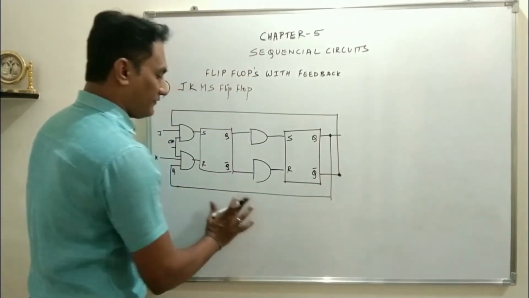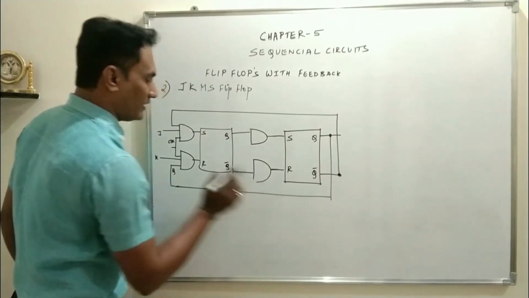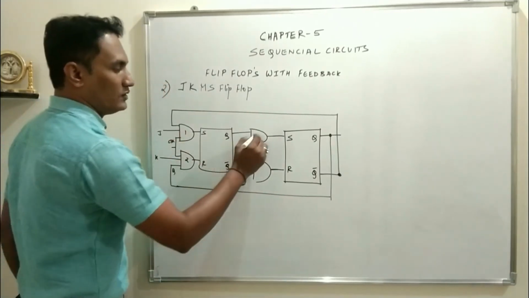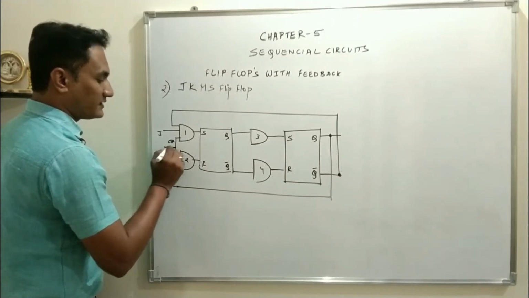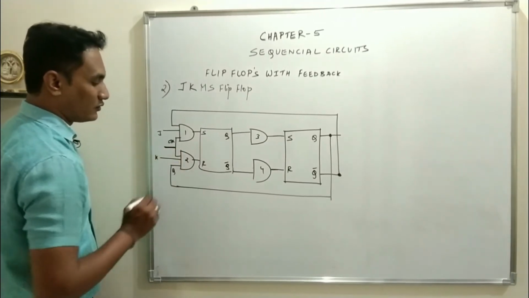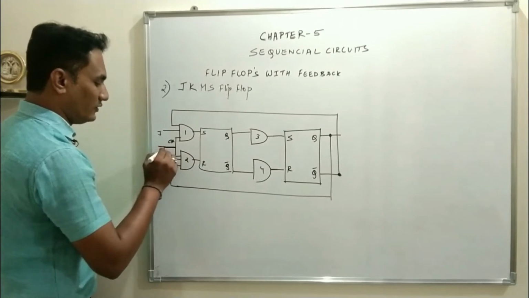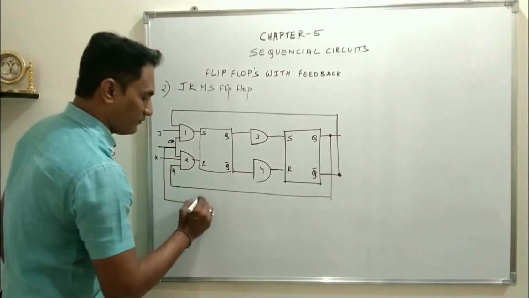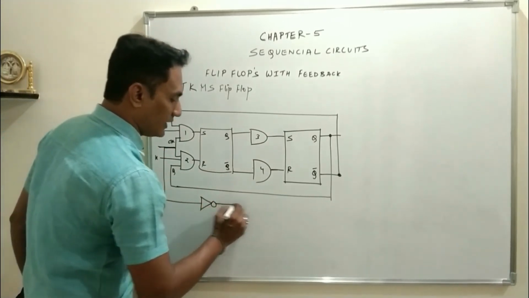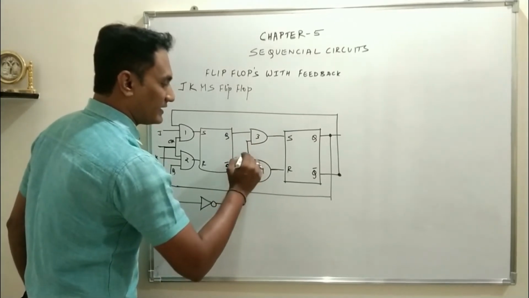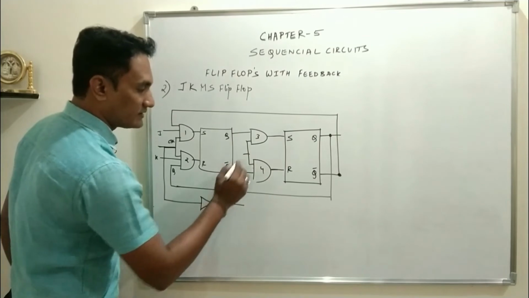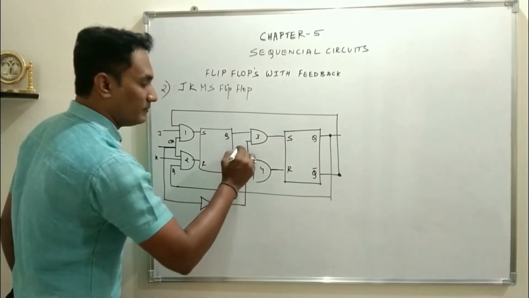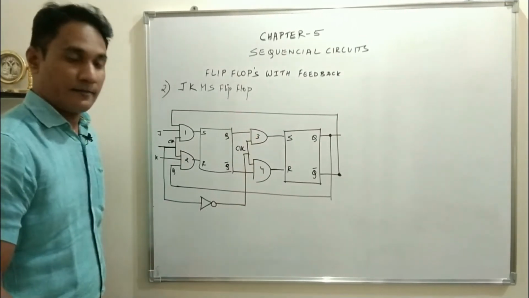So now we have two stages, one for input and one for output. 1, 2, 3, 4. See, for the first AND gate we are giving clock pulse over here. Now what we will do is, from this clock, we will take one connection and connect it to a NOT gate. So what will this be? It will be CLK bar, that means complement of clock.